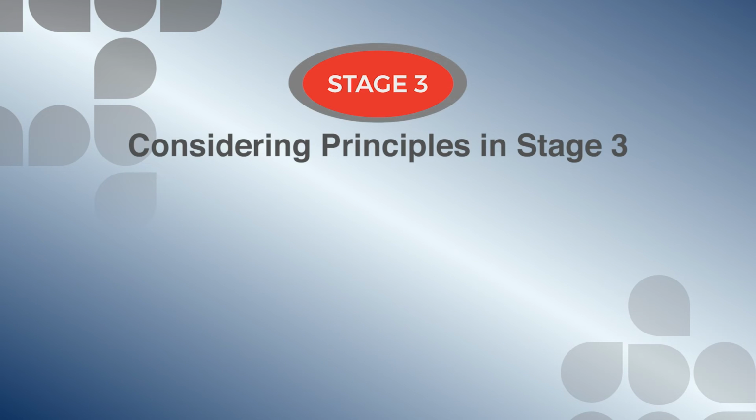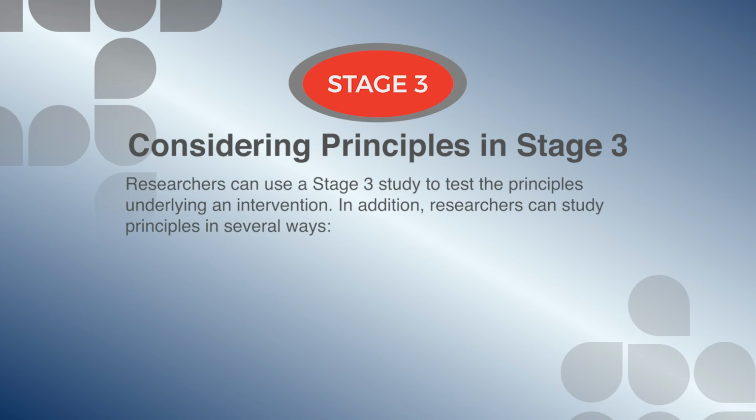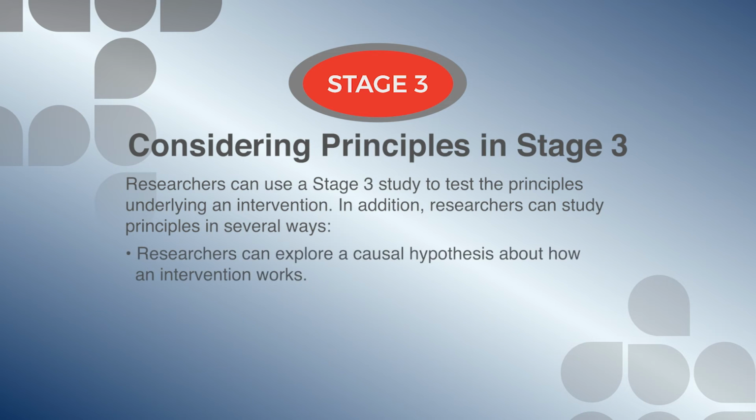Considering principles in Stage 3. Researchers can use a Stage 3 study to test the principles underlying an intervention. In addition, researchers can study principles in several ways. Researchers can explore a causal hypothesis about how an intervention works.